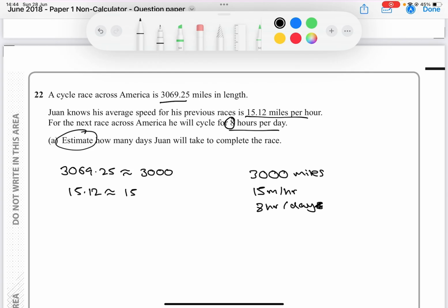So from here, I can see that in 1 hour, he cycles 15 miles, yeah? So in 8 hours, how much would he cycle? So we do 15 times 8. So 8 times 5 is 40. And 8 times 1, no, sorry.